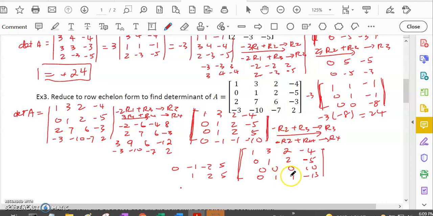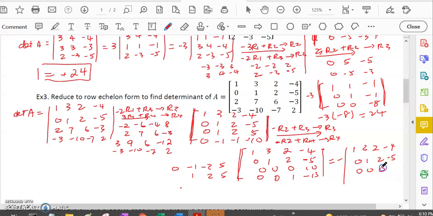And then I would kind of switch now because I have 1 here, right? Well, actually, I think I can get rid of this. So 1, 3, 2, negative 4, 0, 1, 2, negative 5, 0, 0, 0. I think this is already 0, 0.